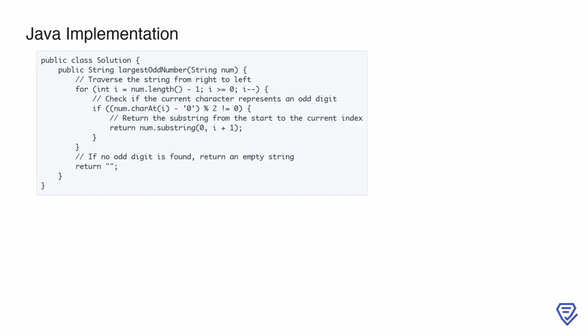The logic mirrors the Python solution, iterating through the string from right to left and checking if each character represents an odd digit. If an odd digit is found, the substring up to that index is returned. Key differences in Java include the use of type declarations, the charAt method for character access, and the substring method for extracting the desired portion of the string.